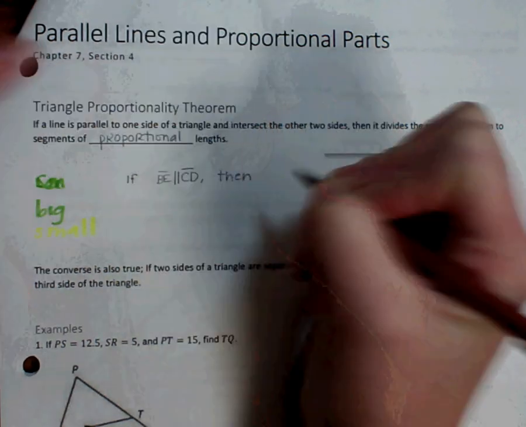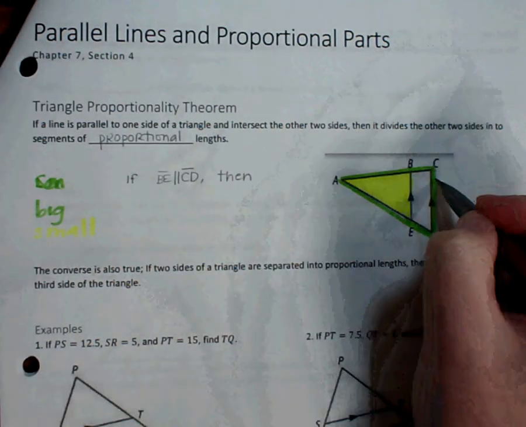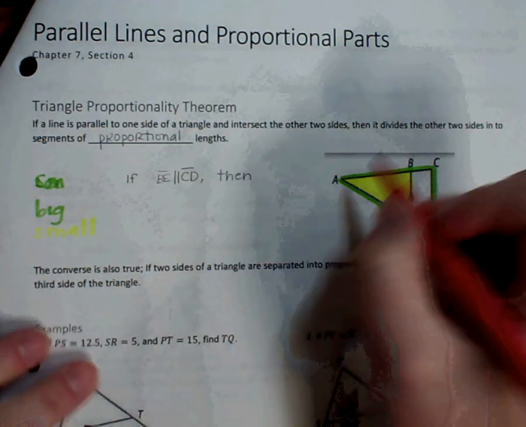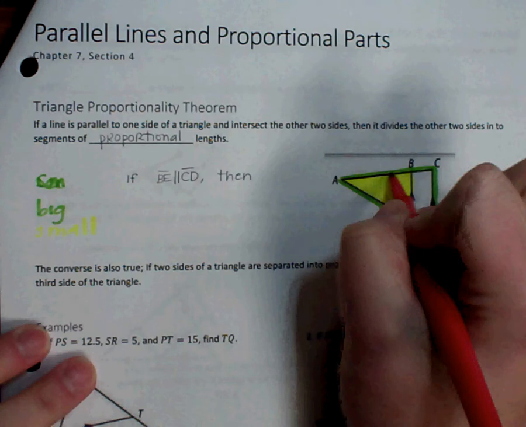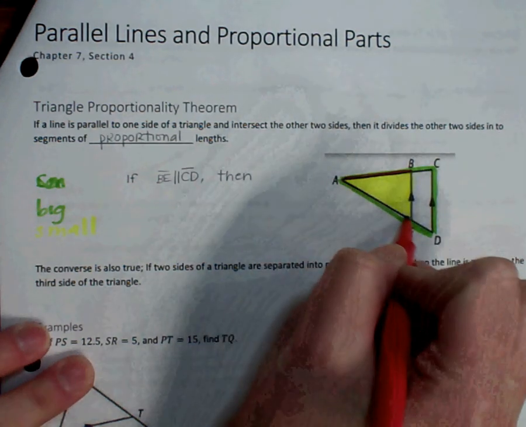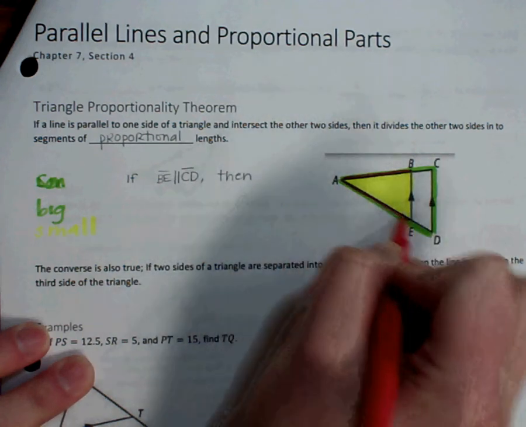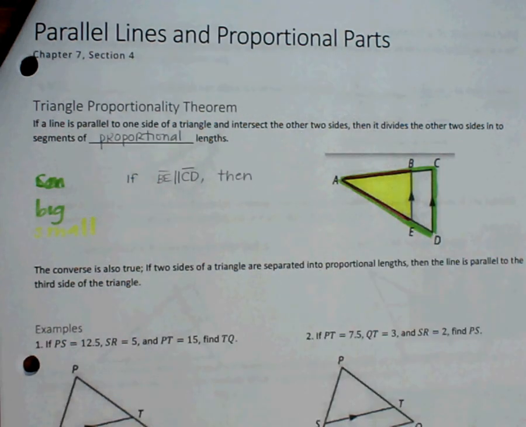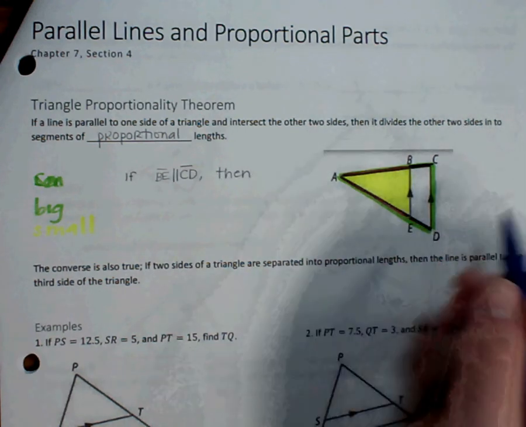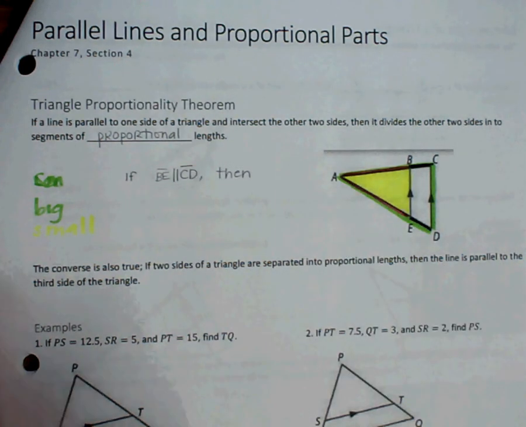So now instead of looking at the big triangle and the small triangle, we can just look at AB and AE and compare it to BC and ED. Okay?